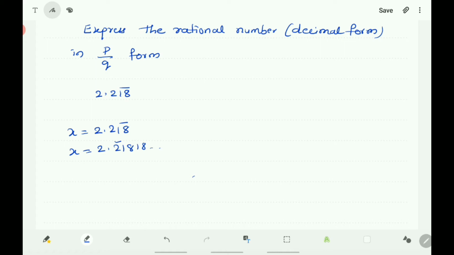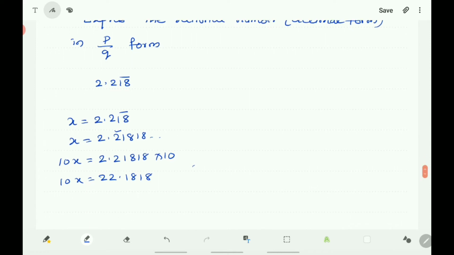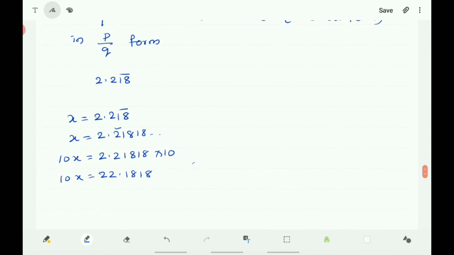So you bring that to the integral part. To bring that to the integral part, you must multiply both the sides by 10. So it becomes 10x is equals to 2.21818 into 10. That is 10x is equals to 22.1818.